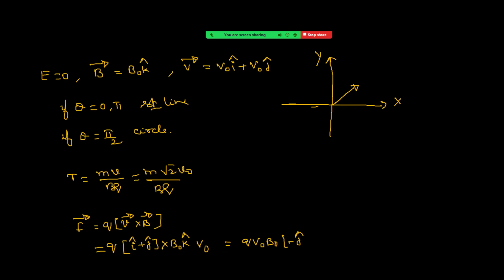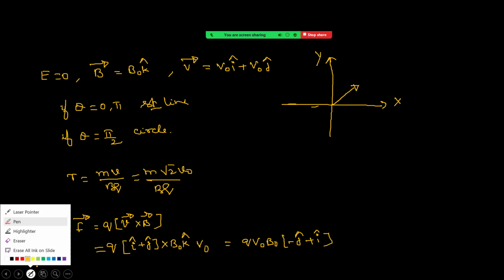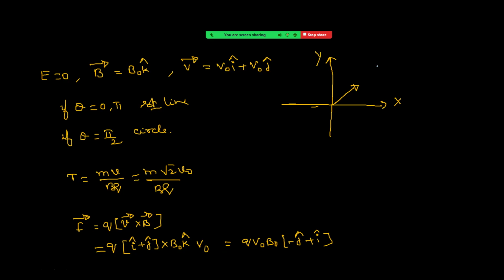See, i cap cross k cap is minus j cap. Next, j cap cross k cap is i cap. So from this we can say in which direction the force is acting. Here there is a positive x component and a negative y component. That means the force acts like this.